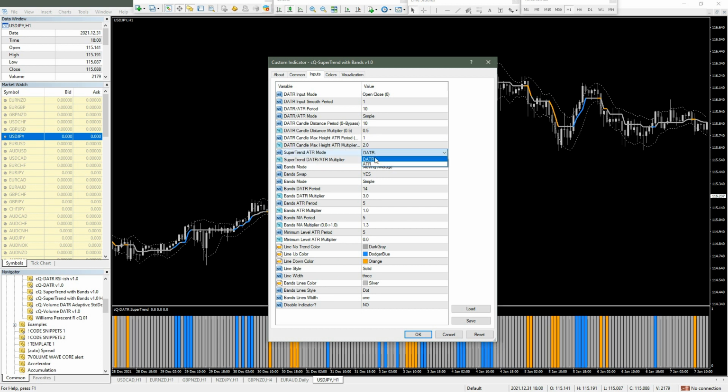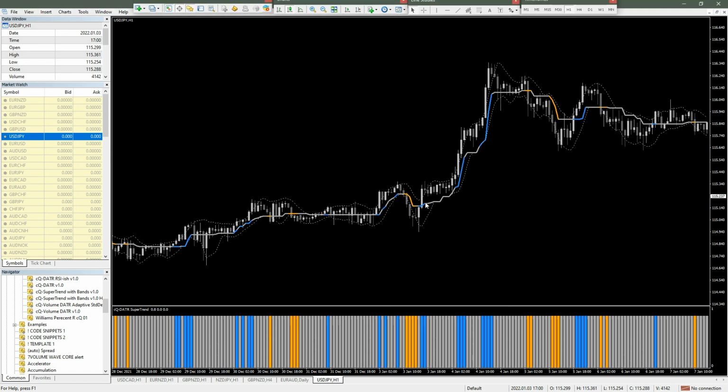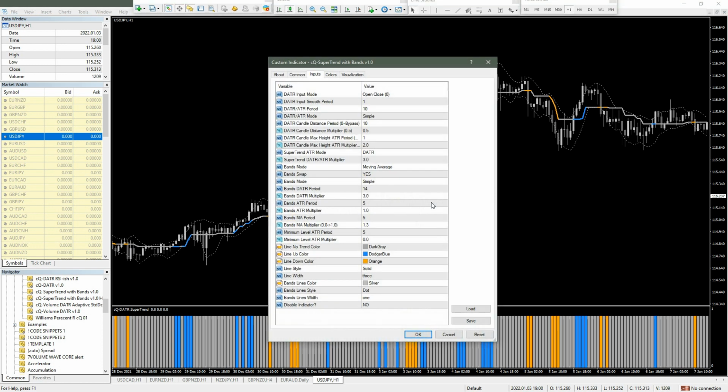The SuperTrend, you can run it in ATR as you would a normal SuperTrend, or you can use the DATR. The DATR is faster. The DATR requires a higher multiplier in general. And then there's the band modes, which there's 3. Each of the band modes has its own period and multiplier.